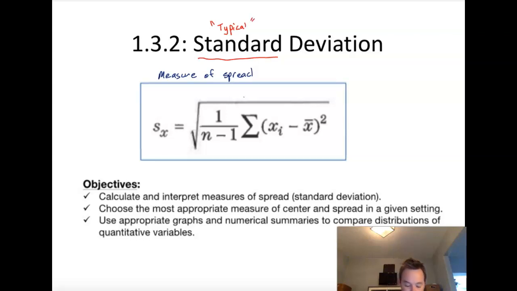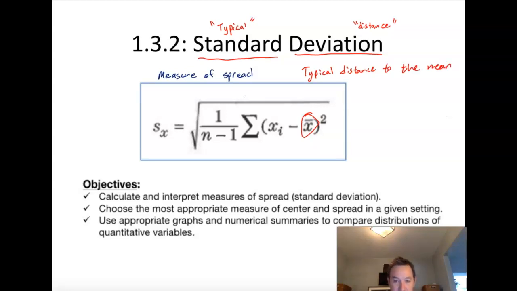Deviation kind of means distance. So deviation from what, you might ask? Well, it happens to be the deviation from the mean. So when you interpret standard deviation, you can think of it as typical distance to the mean.